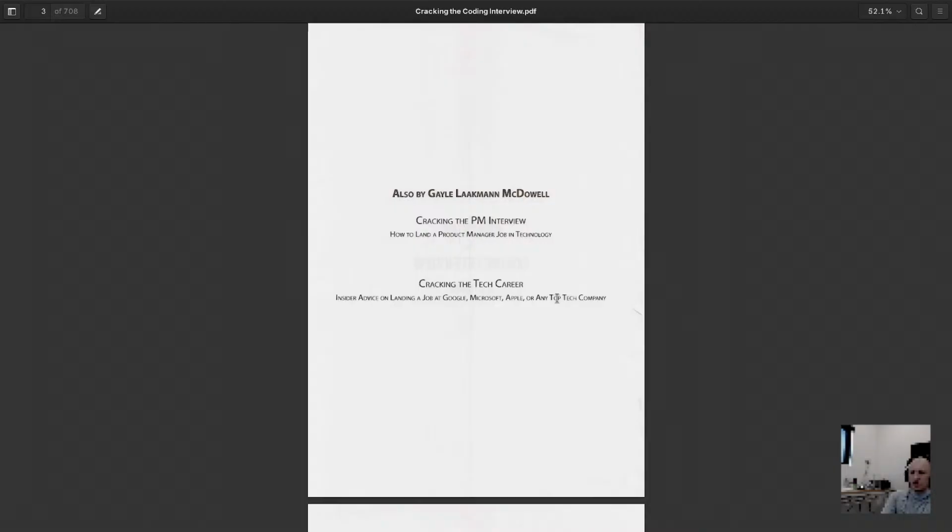For the most part in technology, your pedigree, like your education and work experience, matters. Years of experience has an impact, obviously, on compensation. Years of experience has an impact on your viability for a specific role, because some roles actually do just require experience.